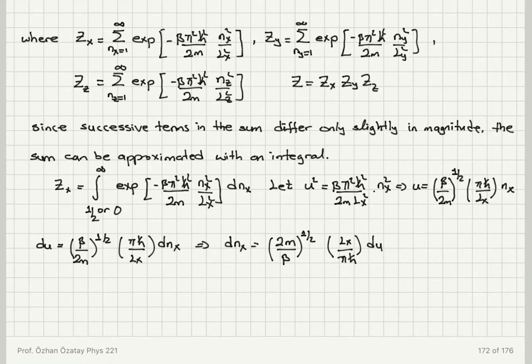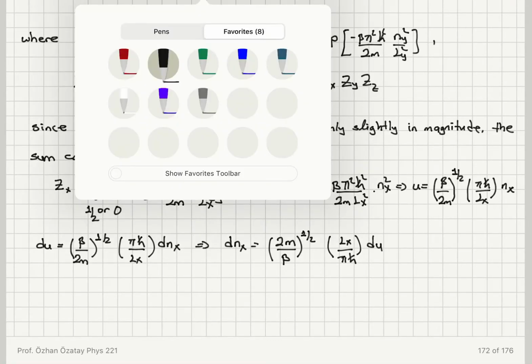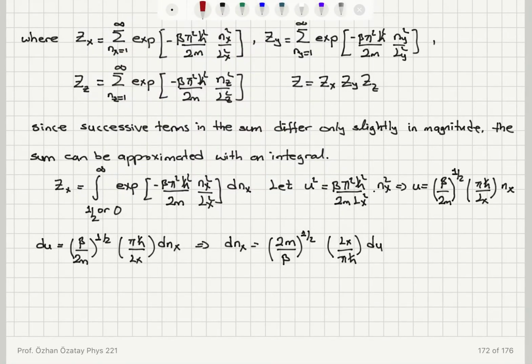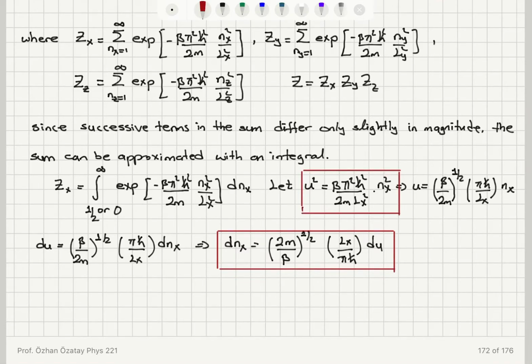So I'm going to use these two transformations. So dnx will be replaced by this term, and u squared will be replacing this term. And you can see that as nx goes from 0 to infinity, u also goes from 0 to infinity, so I don't need to change the limits in the integration.